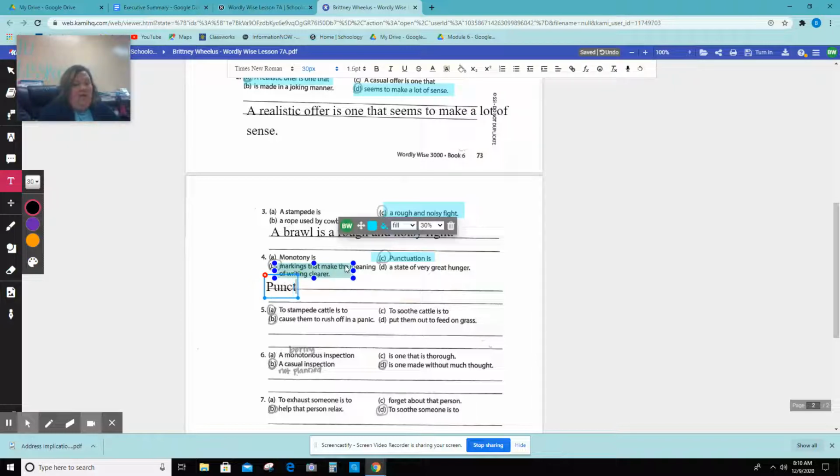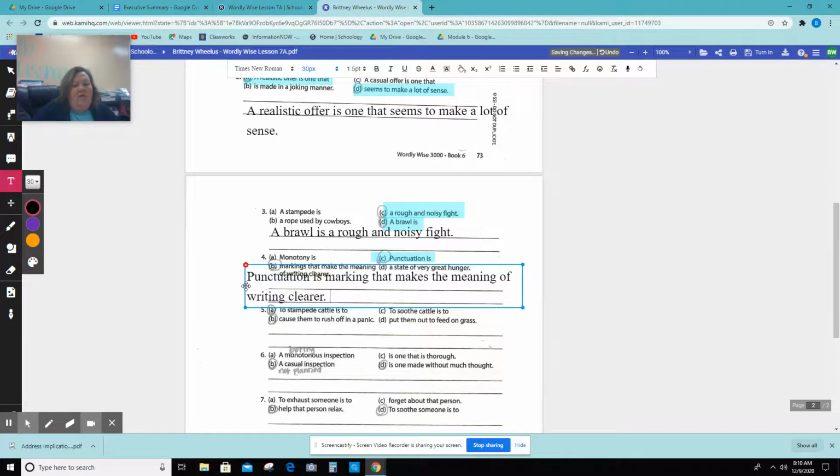Because when you write a sentence, for some reason, you don't feel like you need to punctuate it, but you do. Cleaner. All right. Punctuation is the marking that makes the meaning of writing clearer.